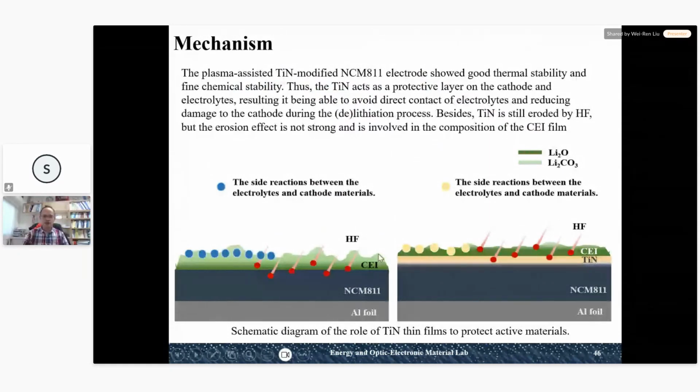Also, because the surface of the NCA811 is very active, it reacts with the liquid electrolyte, and it's also a very poor CEI formation. But after the titanium nitride coating, it not only enhances the electronic conductivity of the NCA811, but also the artificial SEI benefits the lithium charge and discharge process and inhibits the side reaction between the electrolyte and the cathode materials.